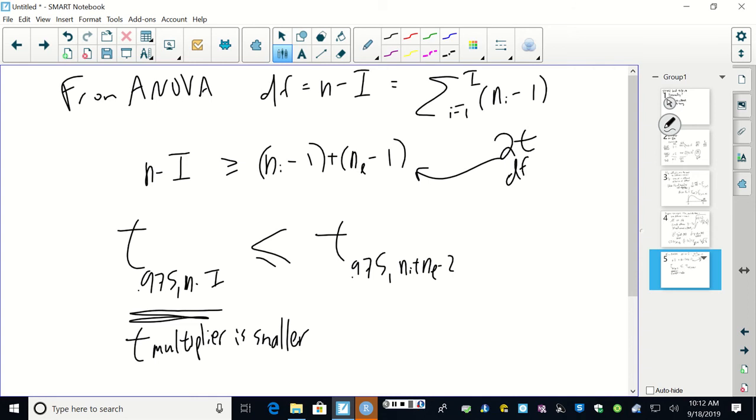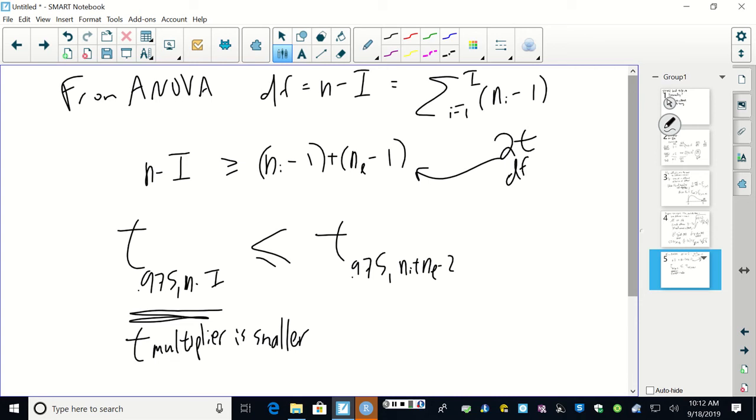But something else goes on. We've chosen these 95% confidence or level 0.05 tests so that we don't make too many mistakes. If the null hypothesis is true, we don't want to reject it. So if for a particular pair of means, group I and group L, those means are the same, we still don't want to reject it.